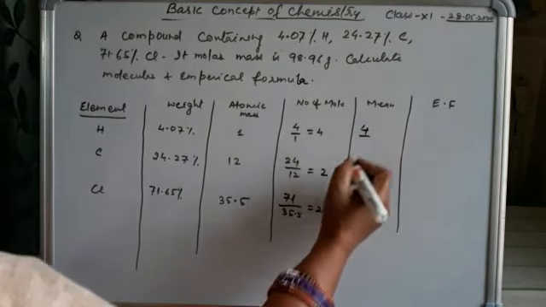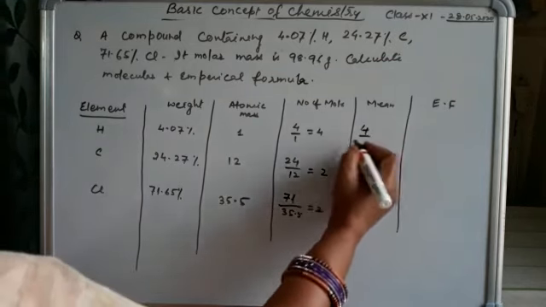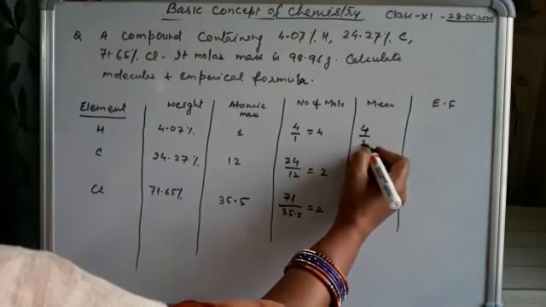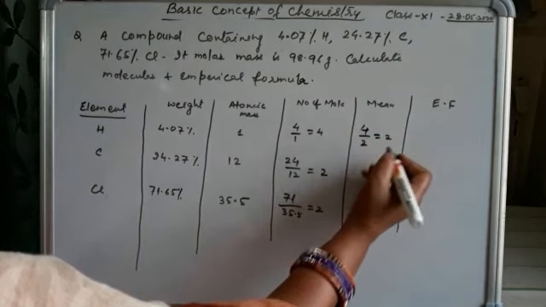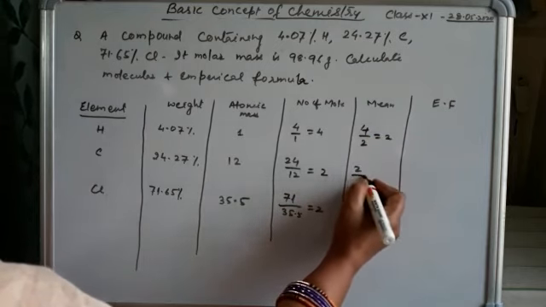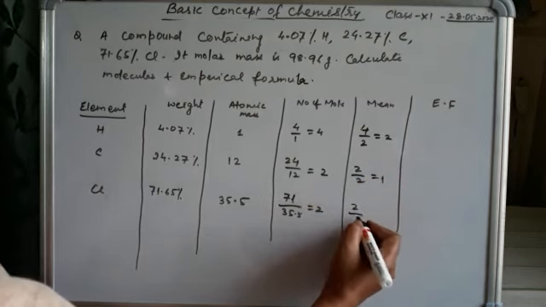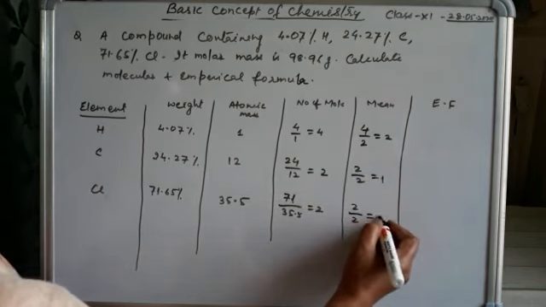So mean is found by dividing all the numbers of moles by the lowest number. The lowest number is 2. So 4 divided by 2, mean comes to 2. This 2 divided by 2 comes to 1, and the other 2 divided by 2 also comes to 1.